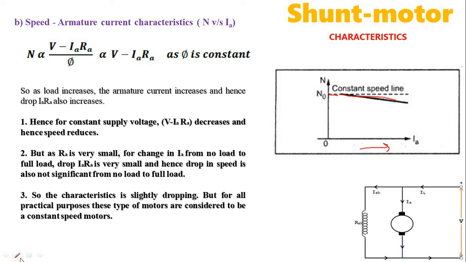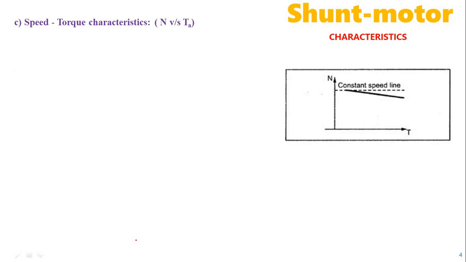The next characteristic is speed versus torque. Here, as I told, if load increases, speed is going to decrease. At the same time, armature current also increases. If the armature current increases, since it is directly proportional to torque, torque also increases.